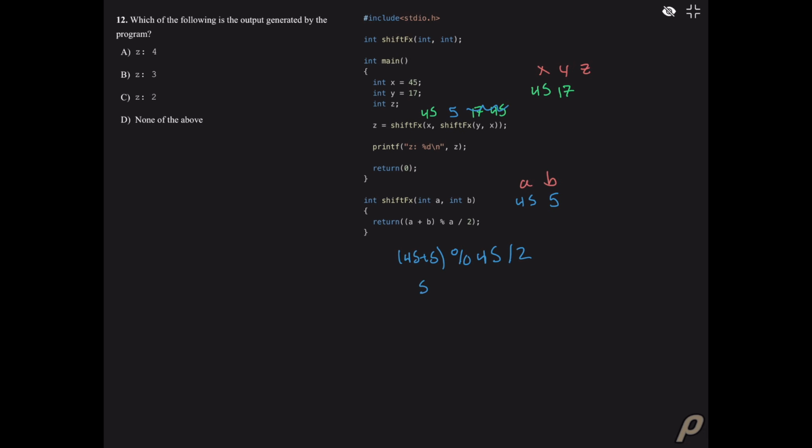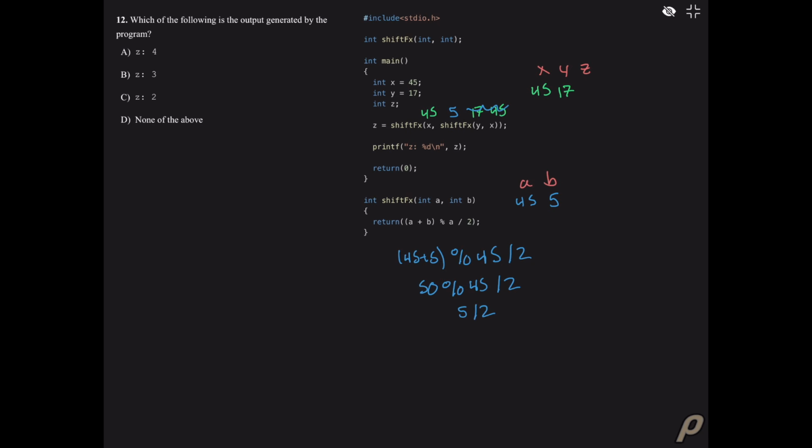So we know that this is going to be 50 mod 45 divided by 2. And we know that 45 can only go into 50 one time cleanly, and we get a remainder of 5. So that means 50 mod 45 is just going to be 5 divided by 2.